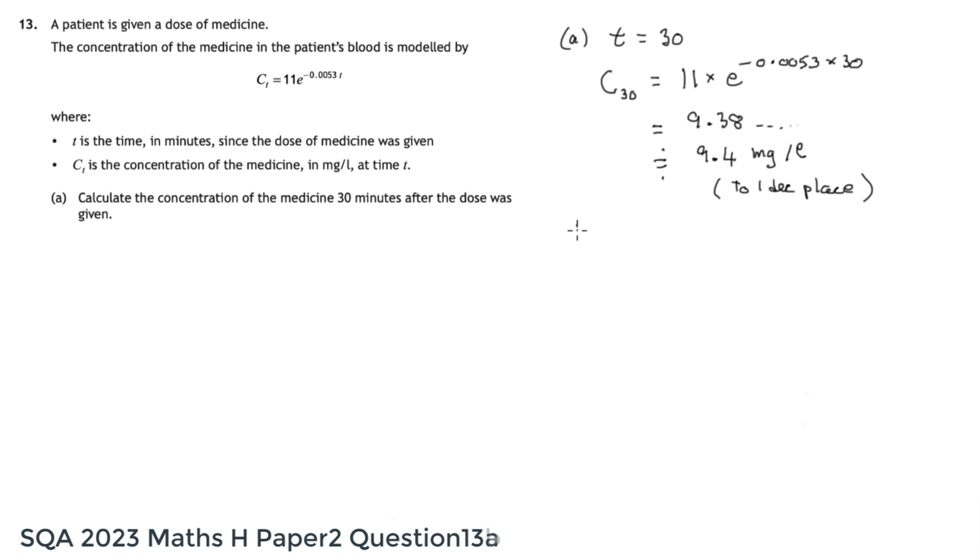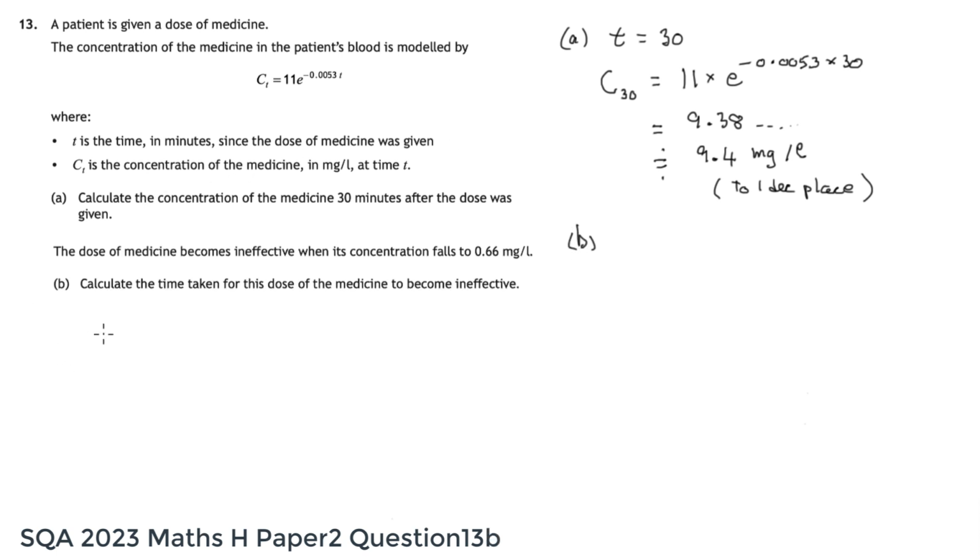So that's our first part of the question. Let's have a look at the second part. This asks us to calculate the time taken for this dose of medicine to become ineffective, and a concentration of 0.66 milligrams per litre is considered to be ineffective.